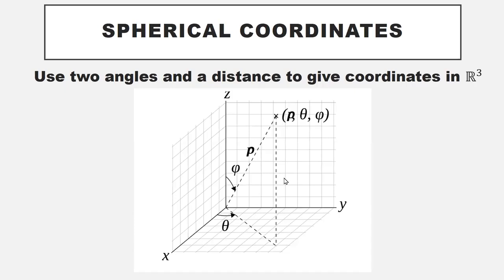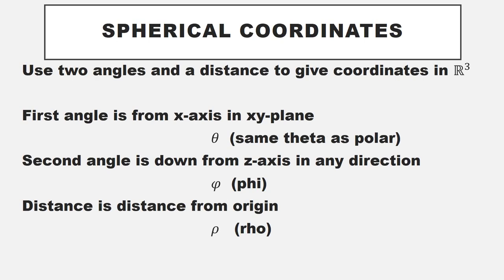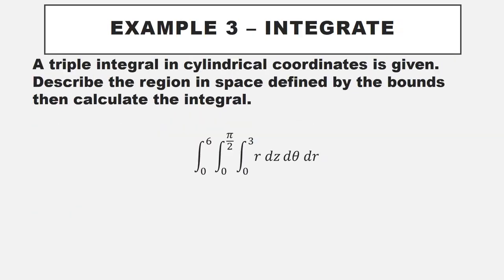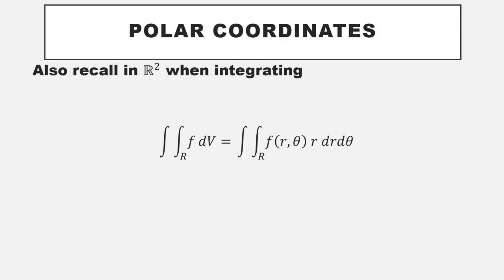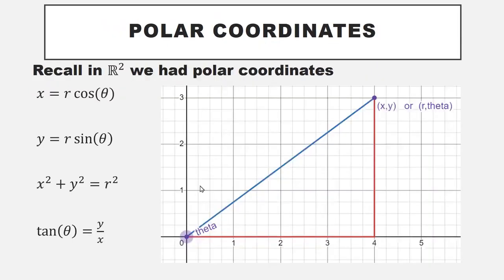So in this video, we saw how to use the spherical coordinate system and saw how to integrate using it. We also earlier saw how to integrate using the cylindrical coordinate system, which was just an extension of the polar coordinates in R2.